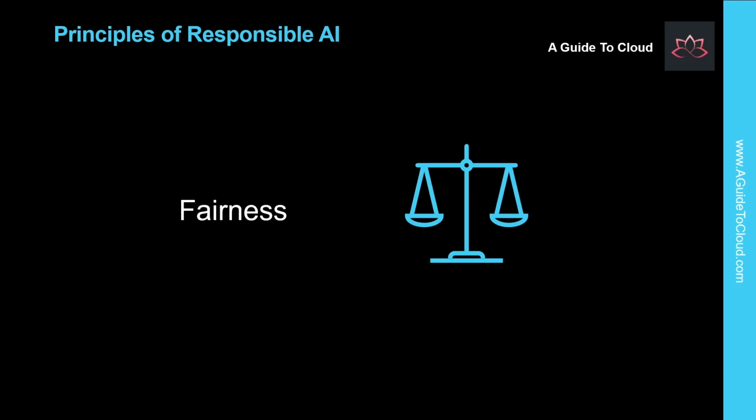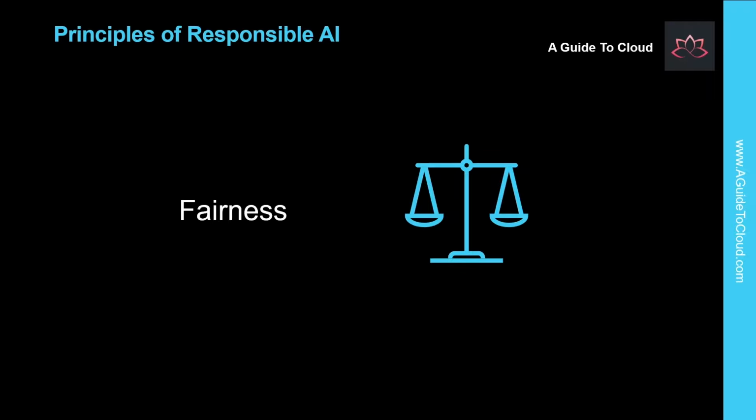So, what is fairness? AI systems should treat all people fairly. For example, suppose you create a machine learning model to support a loan approval application for a bank. The model should make predictions of whether or not the loan should be approved without incorporating any bias based on gender, ethnicity, or other factors that might result in an unfair advantage or disadvantage to specific groups of applicants.